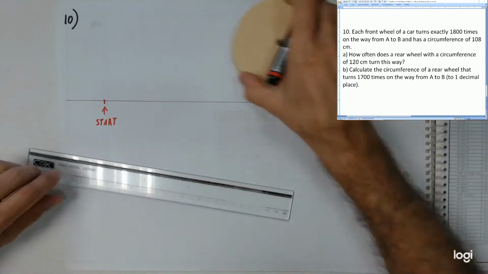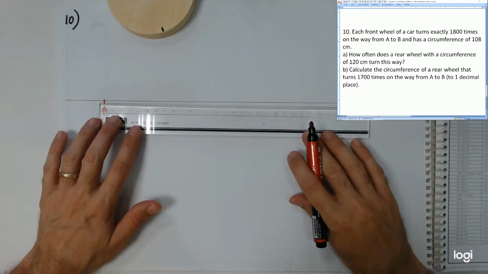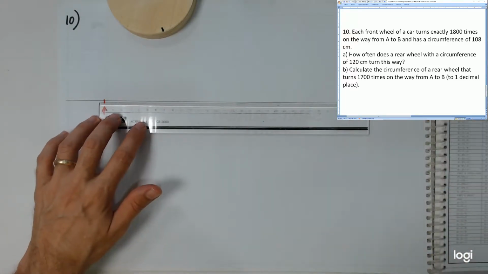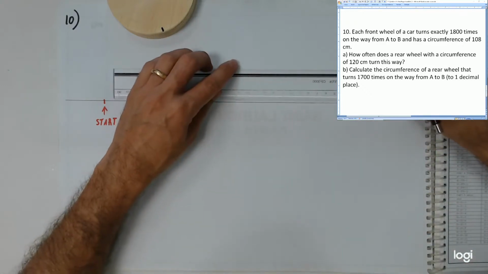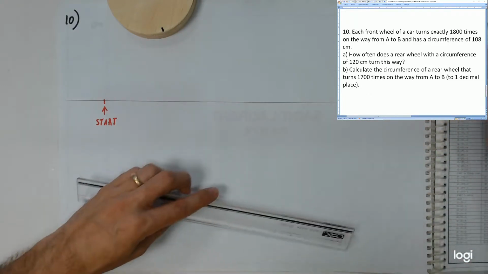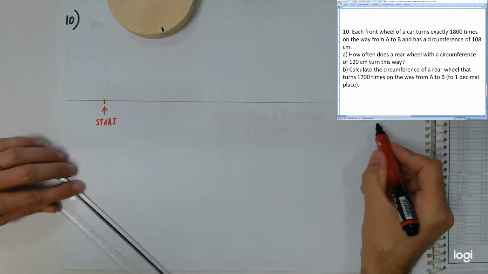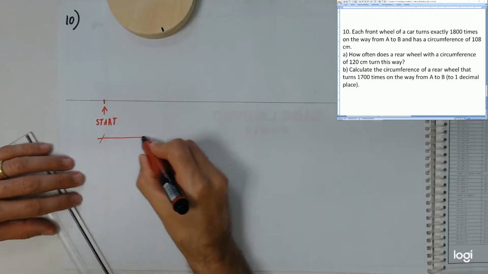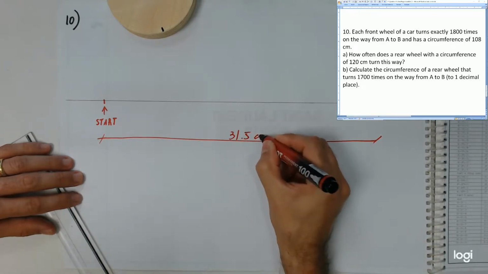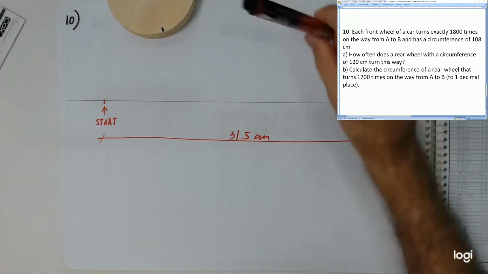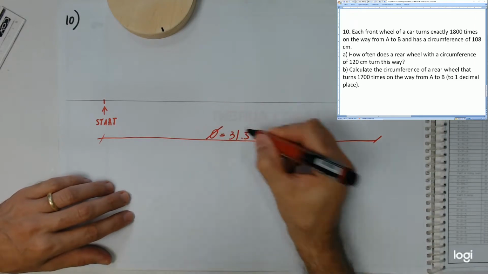Okay, let's measure. This is 31.5 centimeters. This is the diameter. This is the symbol for diameter.